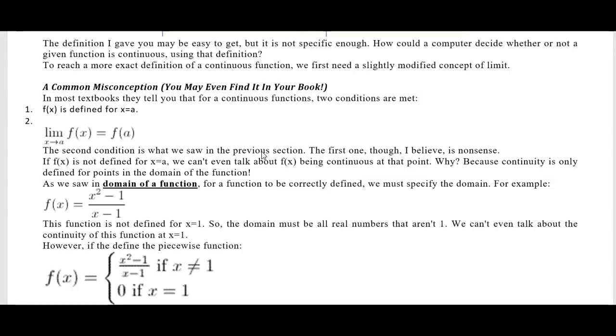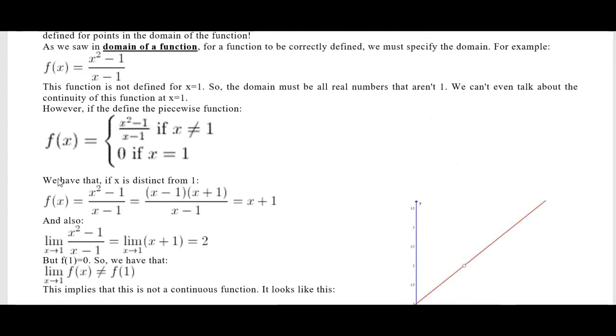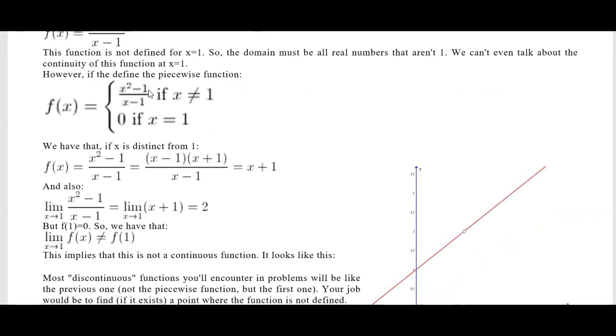A common misconception in a lot of textbooks is that if the limit as x approaches a of f of x equals f of a, then the function is continuous, but this does not take into consideration the domain. So here's a function where x equals 1 is not in the domain.